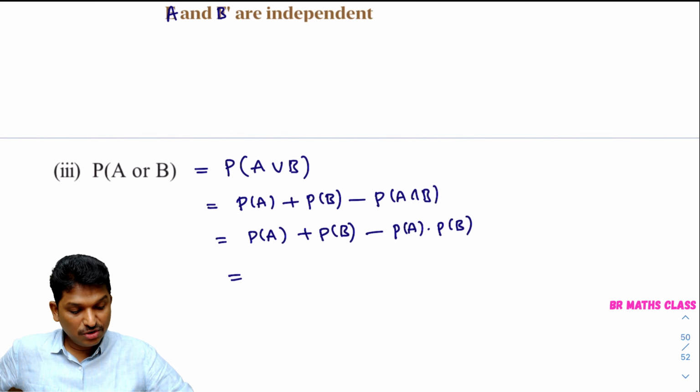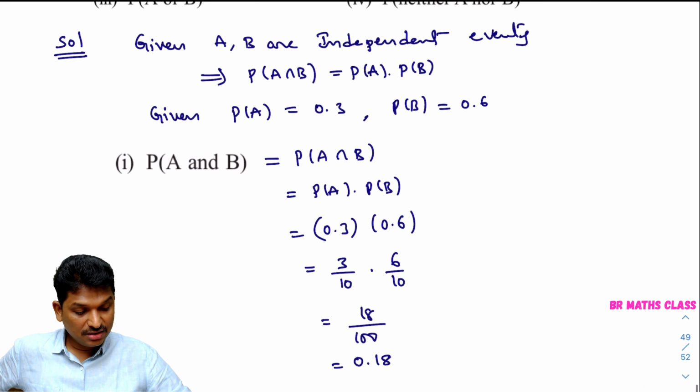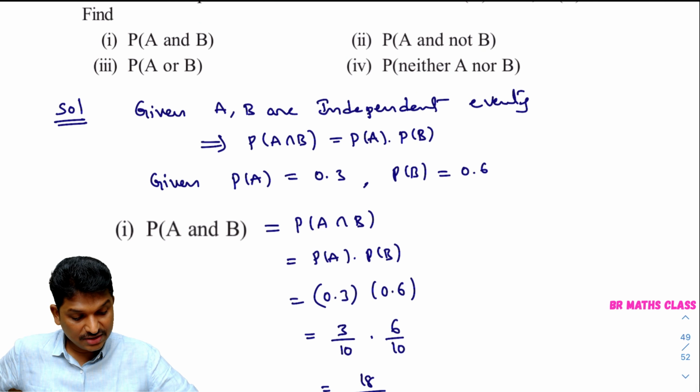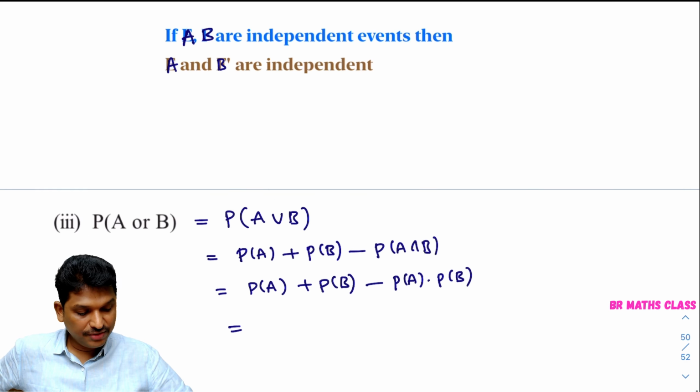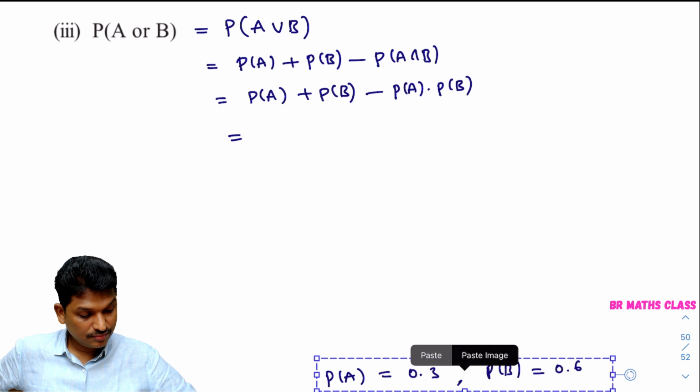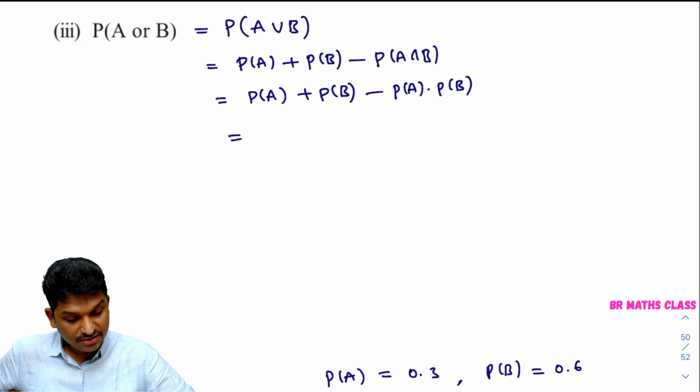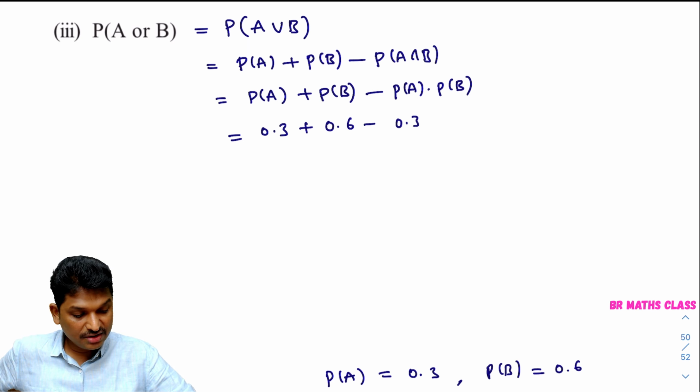Okay, what is probability of A? See the question. Given data, I'll write. Probability of A is 0.3 plus probability of B is what? Probability of B is 0.6 minus probability of A is 0.3, probability of B is 0.6.